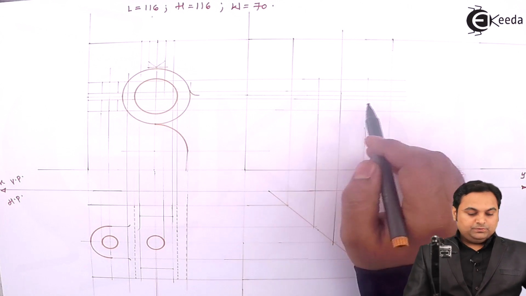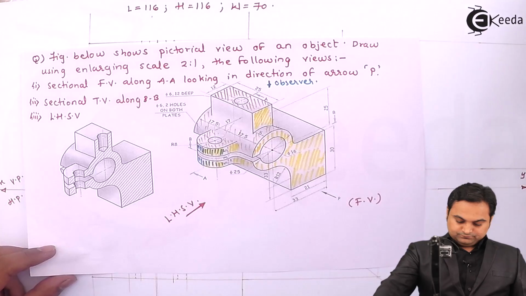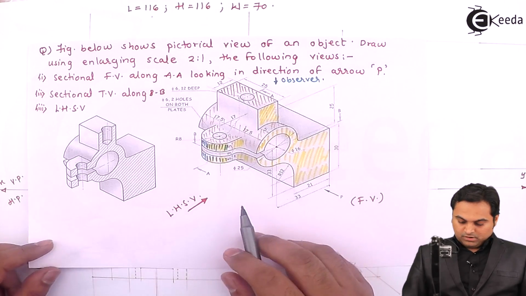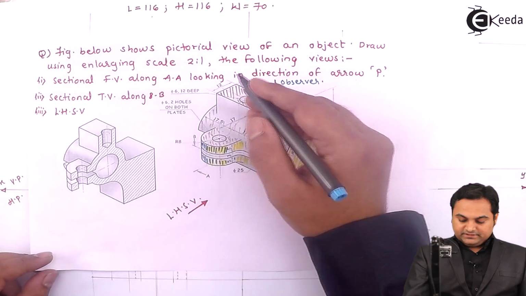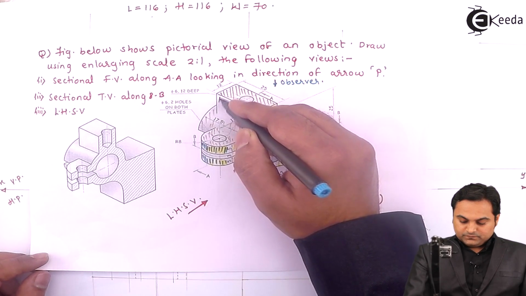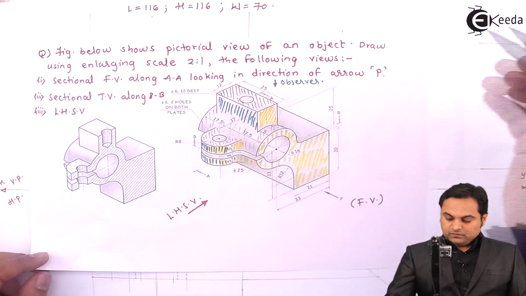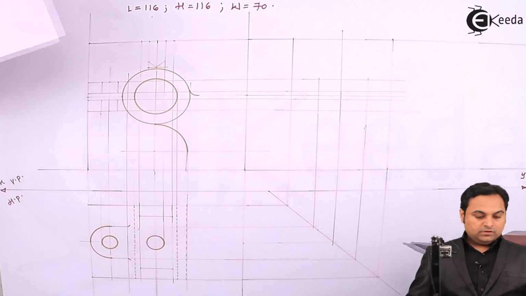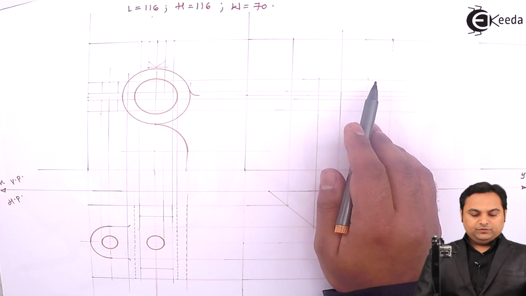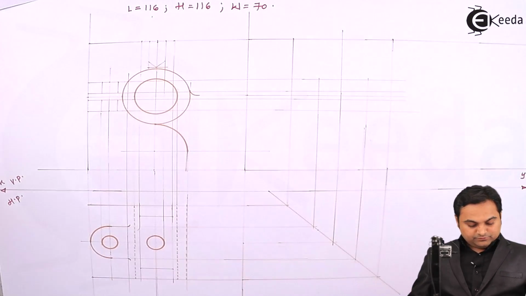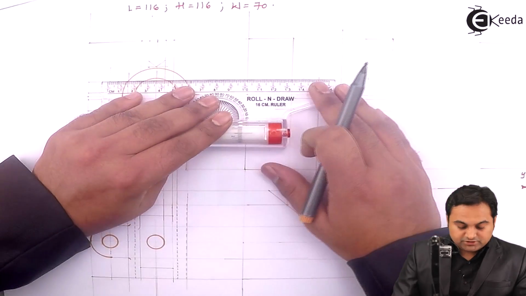So there are these two plates, then looking from side, in that case this surface is also visible. So its height I'll get it from the front view and width from the top view, that is the rectangular surface.